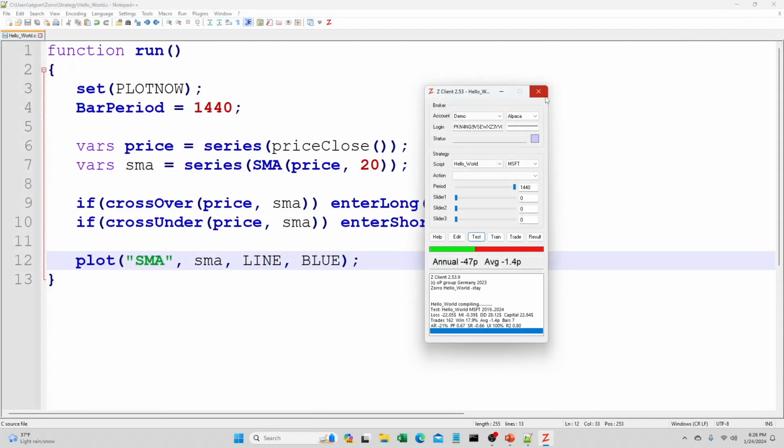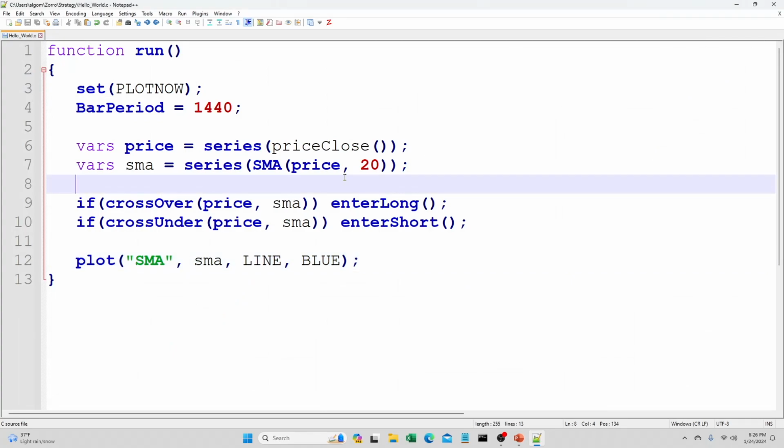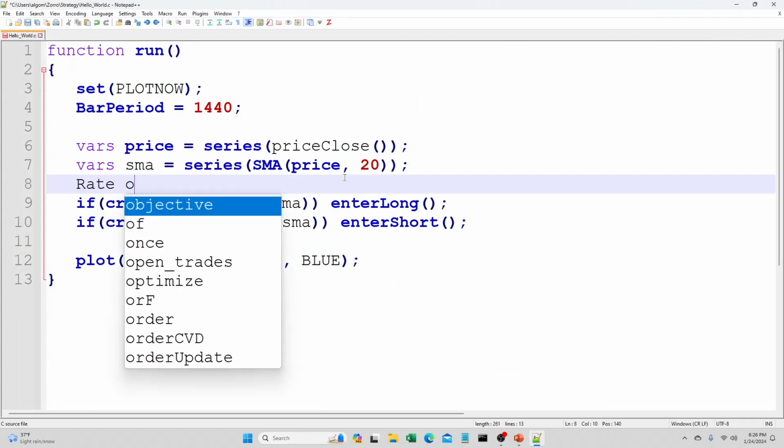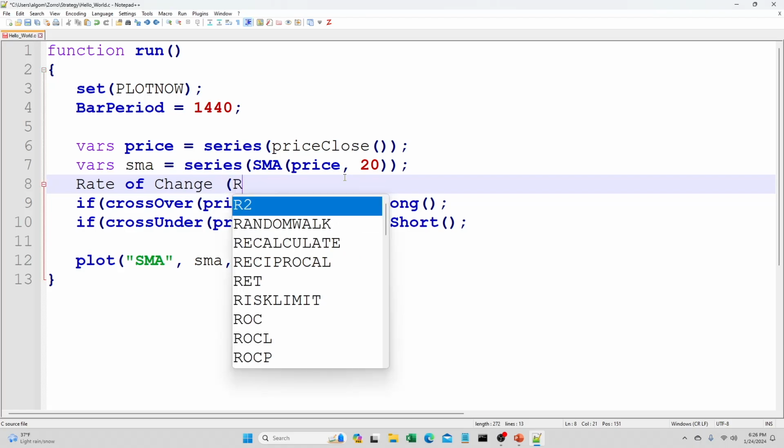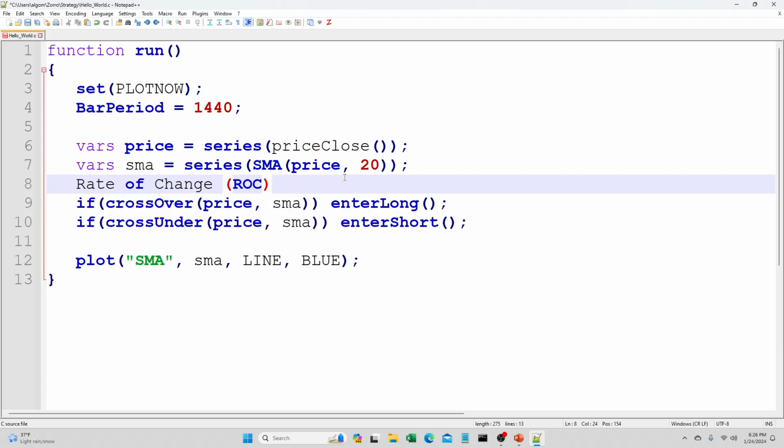And now we're going to use the rate of change indicator, ROC, as our market filter. So what is this rate of change thing? Well, in mathematical terms, it's the first derivative of the price curve.